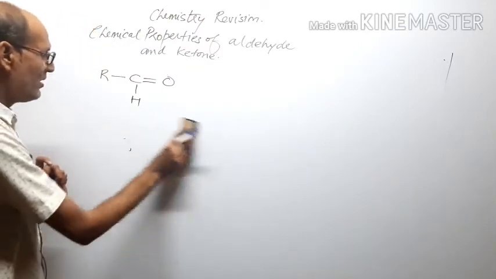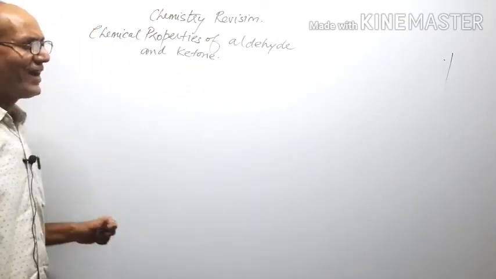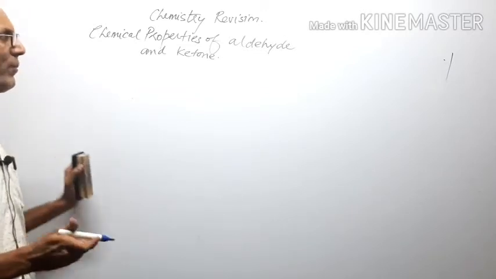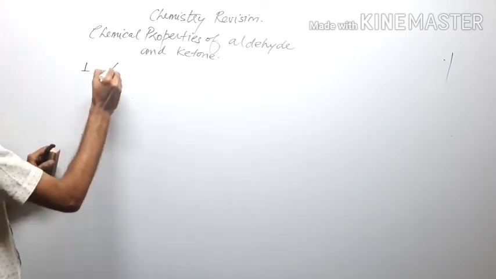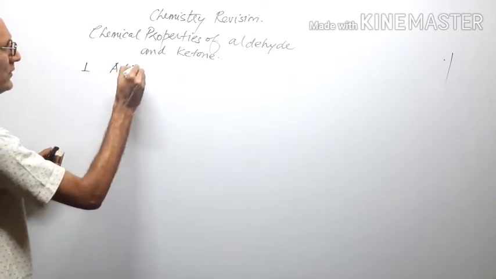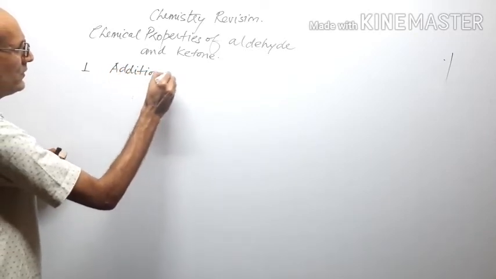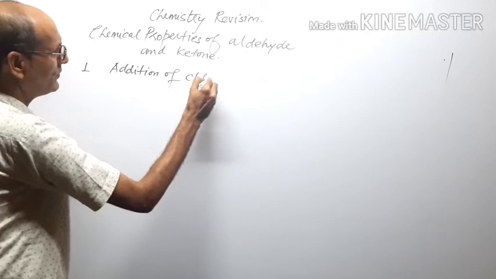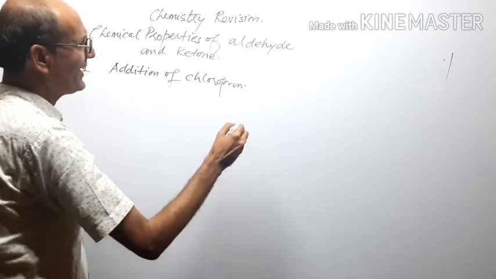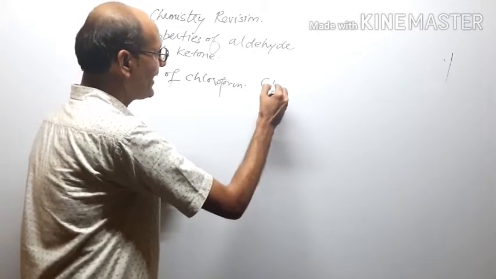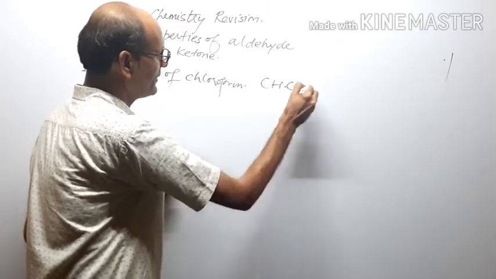So first is addition of chloroform. Chloroform has the formula CHCl3.